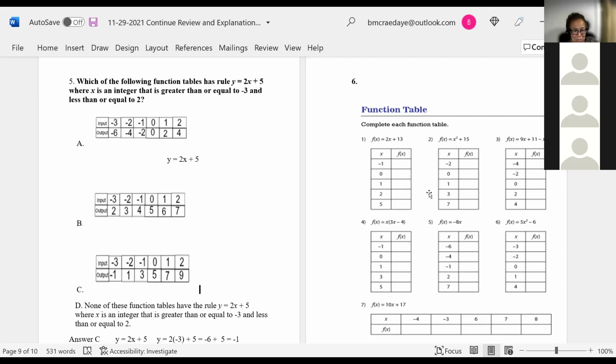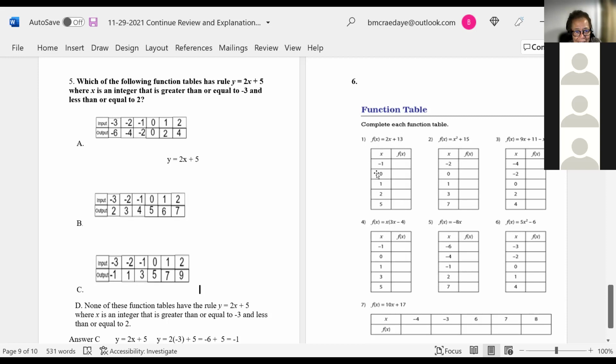But I just want to make sure you understand you're substituting the input from the table, calculating the output. Yes, Chastity. You said the input is the X, right? Yes, the input is the X, the output is the F of X. And the relationship? The F of X is in the equation. The output F of X for this number 1 is 2x plus 13.